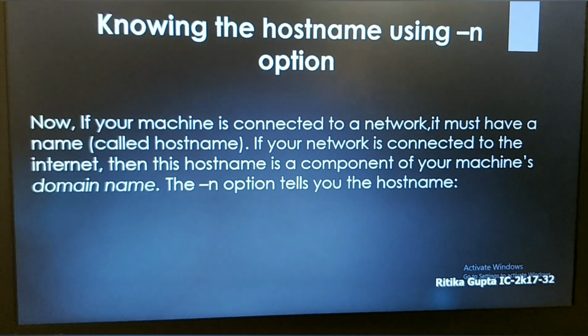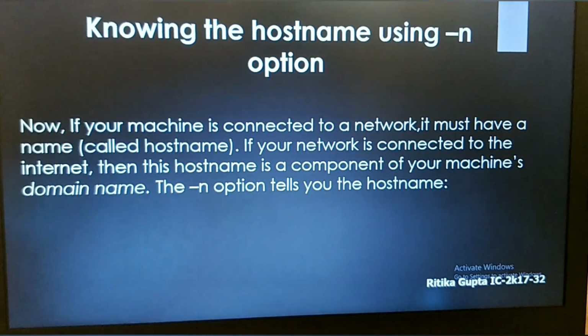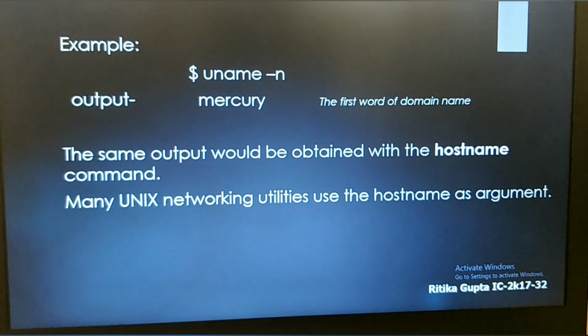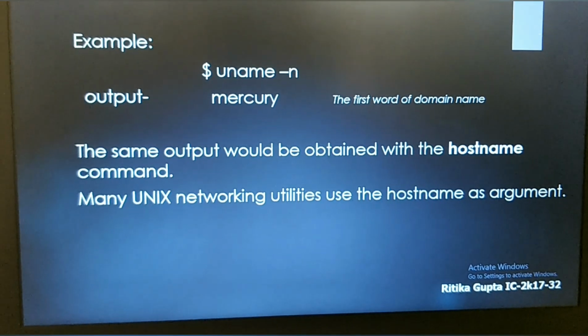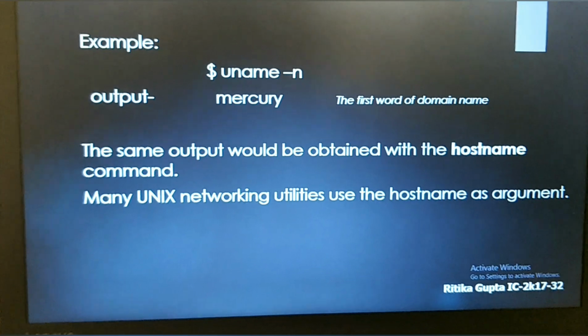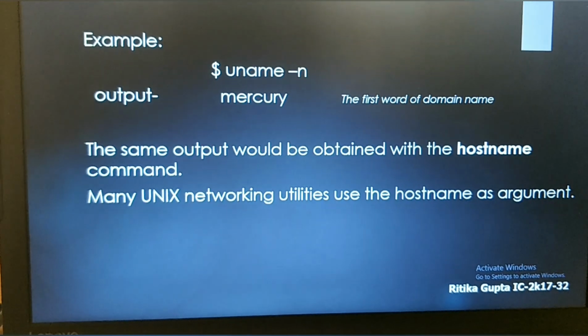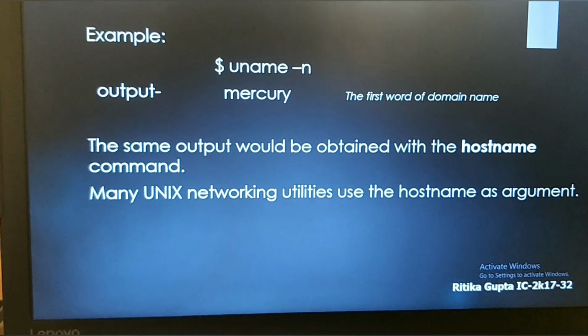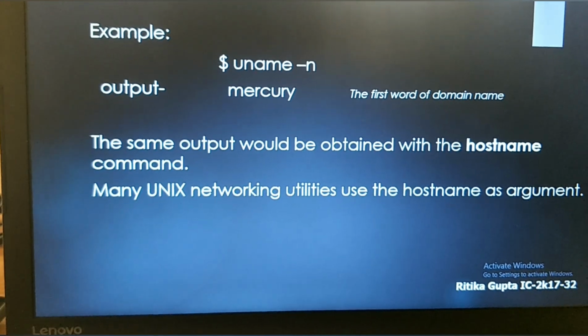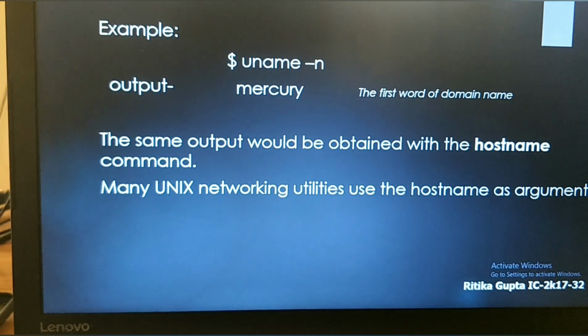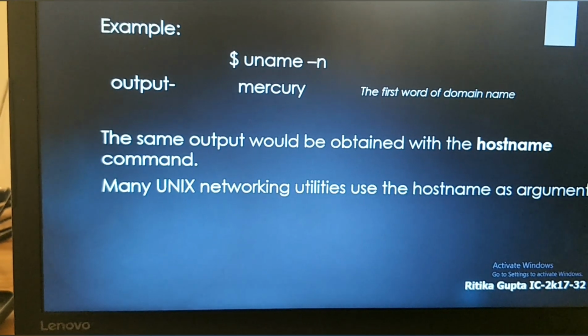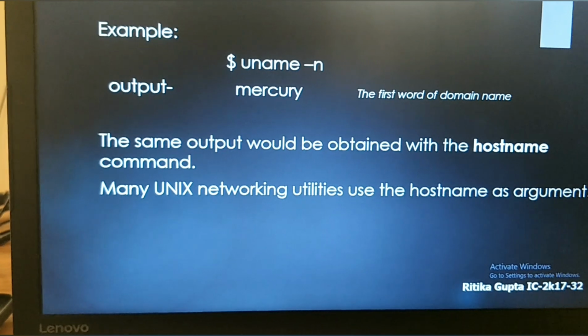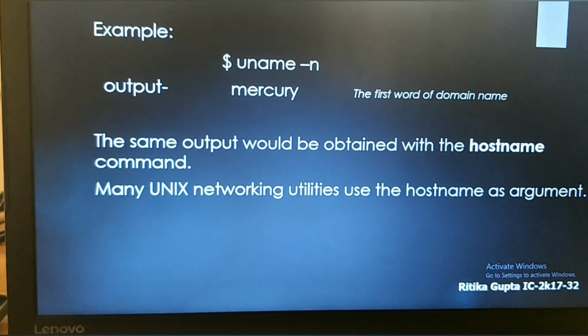The -n option tells you the host name. For example, when we run the command $uname -n, we get Mercury as our output, which is the first word of the domain name. The same output we get using the -n option would be obtained with the hostname command. Many Unix networking utilities use the hostname as the argument.